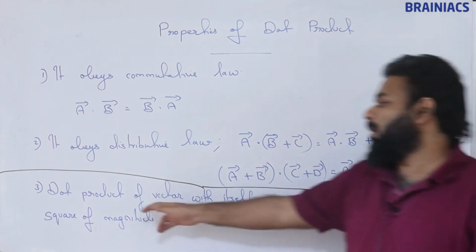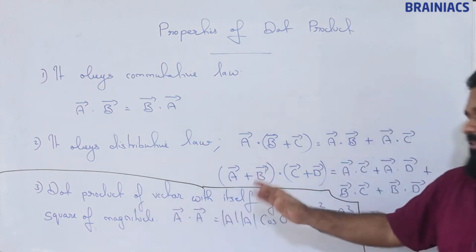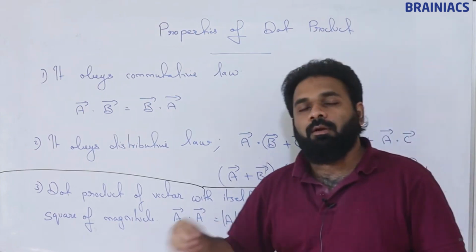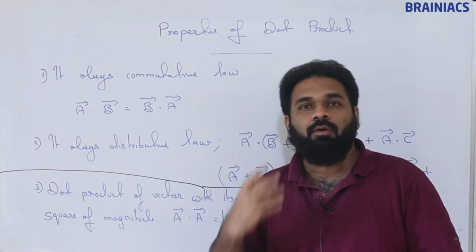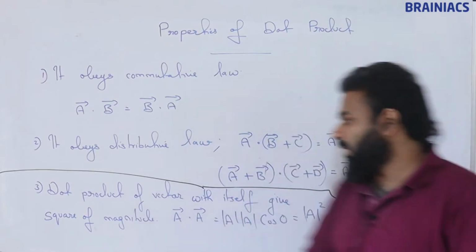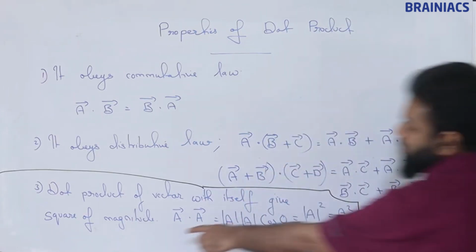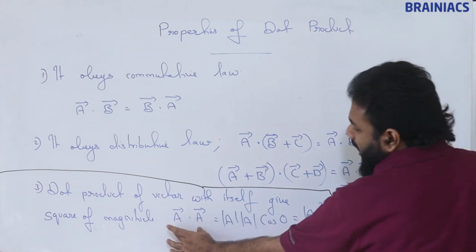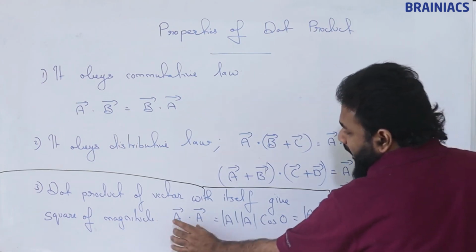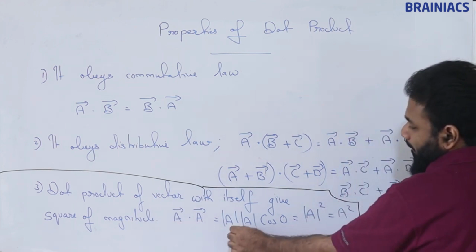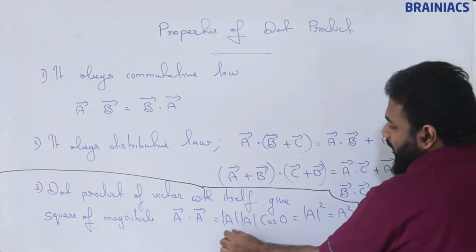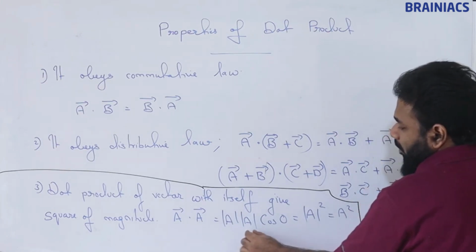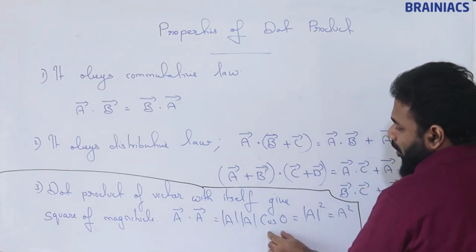The third property is the dot product of a vector with itself. That is A dot A, B dot B, i dot i, j dot j: a vector dotted with itself gives the square of its magnitude. A dot A is, by the basic definition of the dot product, mod of vector A times mod of vector A times cos 0.